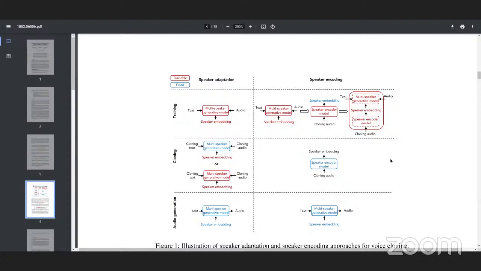On the right hand side is the encoding method. We have our training phase as we did earlier, but also incorporate another smaller model, the speaker encoder model, which tries to predict the embeddings given we have some cloning audio as our data points.